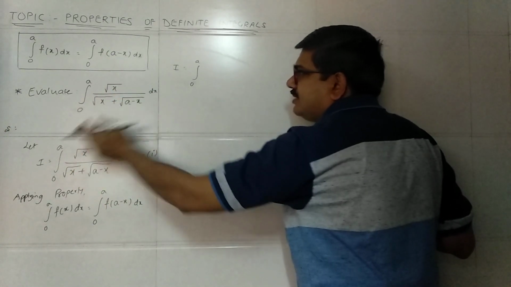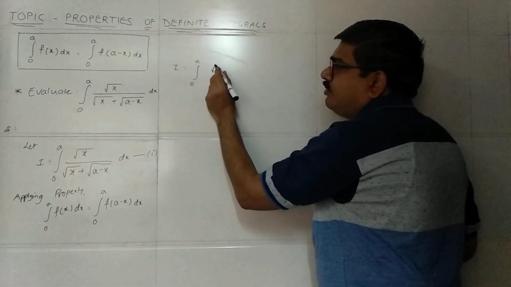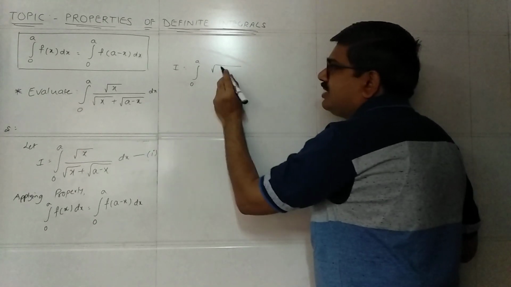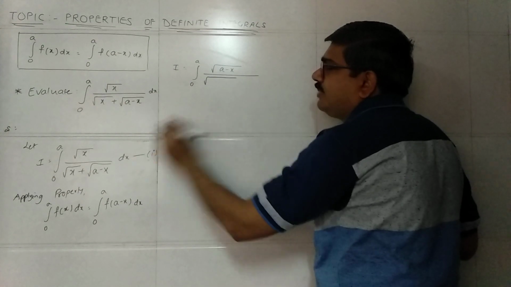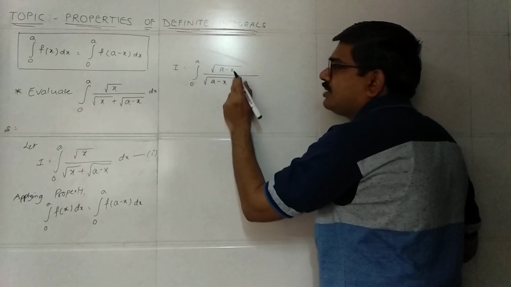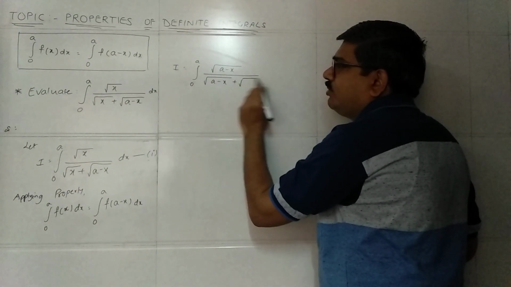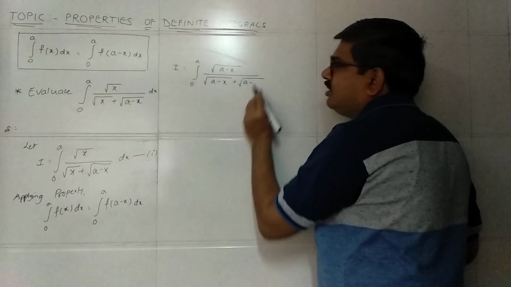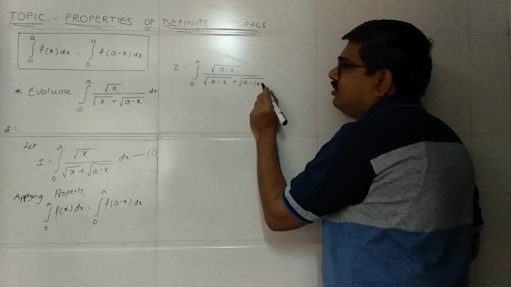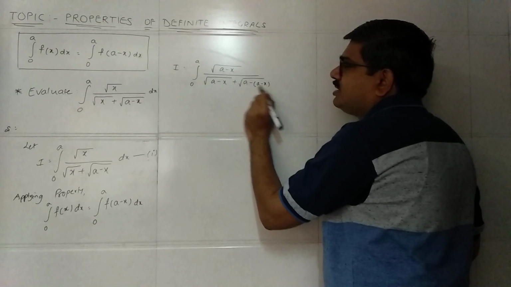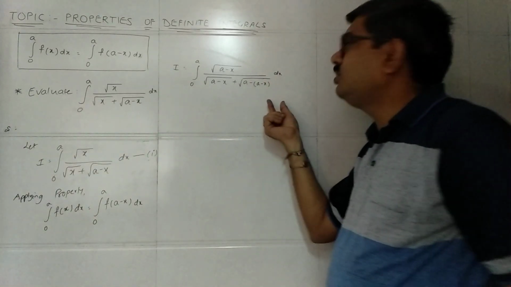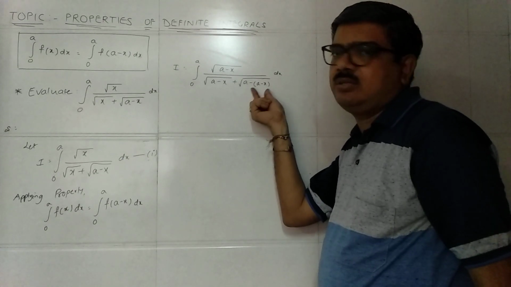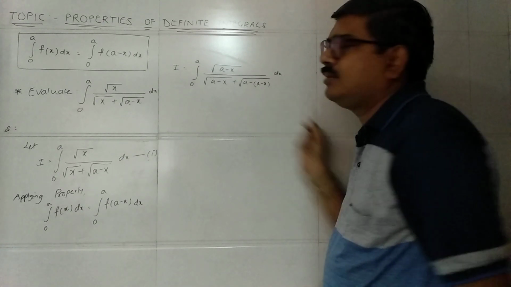Here a is the same a, so in the numerator, in place of x, a minus x. Also in the denominator, in place of x, a minus x, plus square root of a minus, in place of x, a minus x. One thing you keep in mind: always put a minus x within brackets.